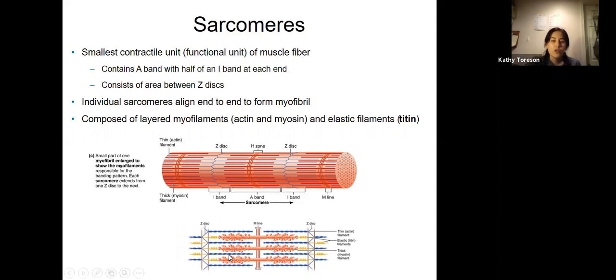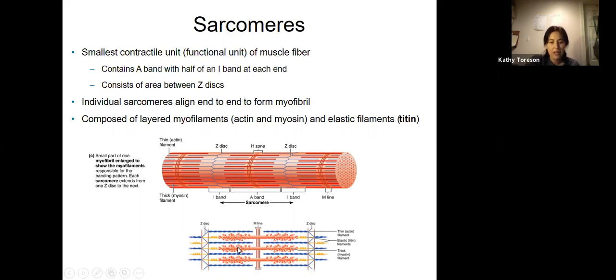So when we look at the structure of the sarcomere, again, we see really this almost repetitive nature, this sort of layering nature that we saw in the previous slides. But if we look at the sarcomere, come on, pointer, we can see there are these layers of fibers here. So we've got the blue actin fibers and we've got the red myosin fibers.